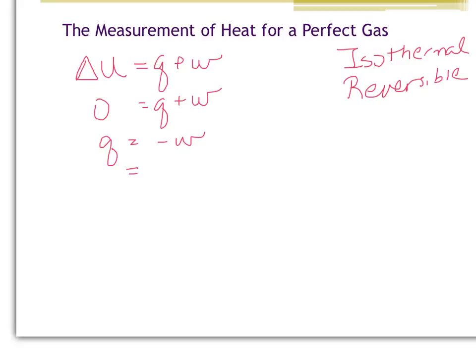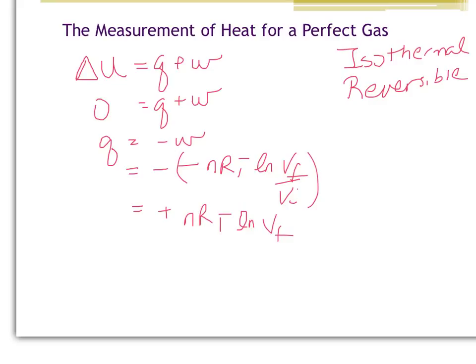We know that W for an isothermal reversible expansion or compression is equal to negative nRT natural log of V final over V initial. So if Q is equal to the negative of that, we have Q being equal to positive nRT natural log of V final over V initial. So that's the last equation that we're going to talk about.